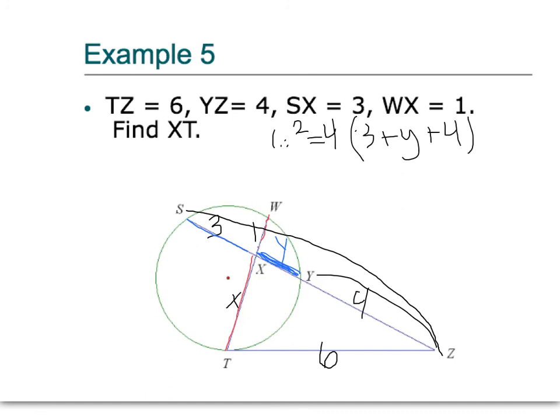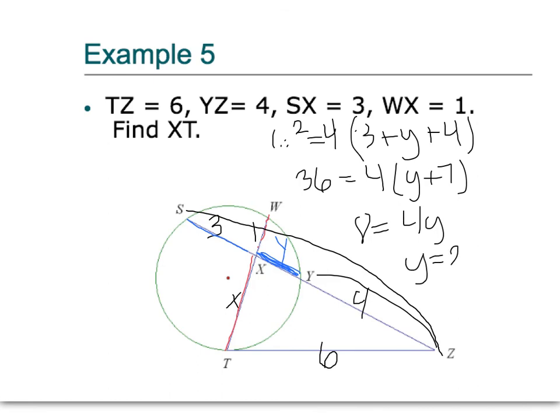And so let's simplify this. 36 equals 4 times y plus 7. And I'm going to have 8, after I simplify, equals 4y, and y will equal 2.